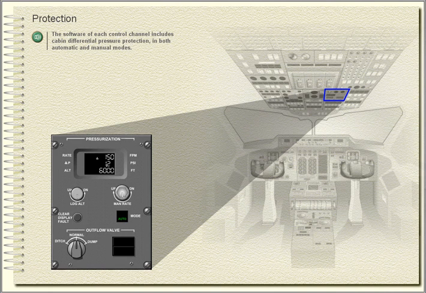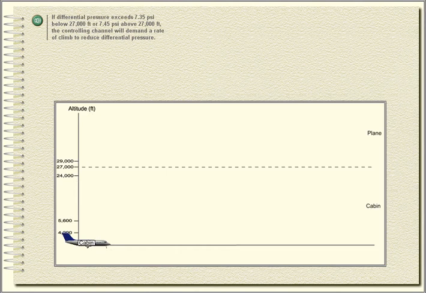Protection. The software of each control channel includes cabin differential pressure protection in both automatic and manual modes. If differential pressure exceeds 7.35 psi below 27,000 feet or 7.45 psi above 27,000 feet, the controlling channel will demand a rate of climb to reduce differential pressure.